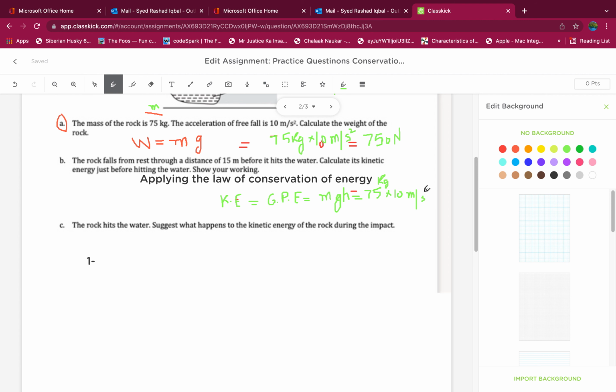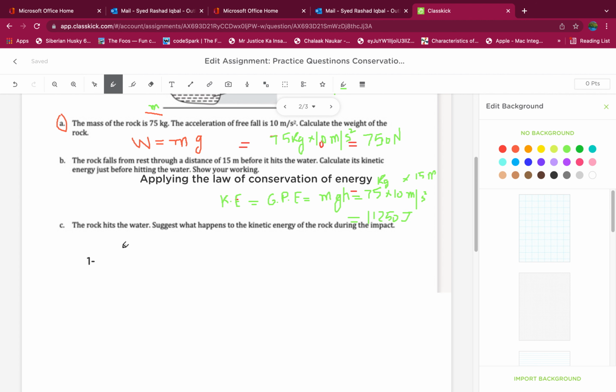It's better to always write a quantity with its unit. Then multiply with the height. What is the height? 15 meter. So if you multiply all these numbers, your answer will be 11,250 joule. So boys, in this way, first it's very important to understand the question, because if we do not understand the question, how can we solve it?